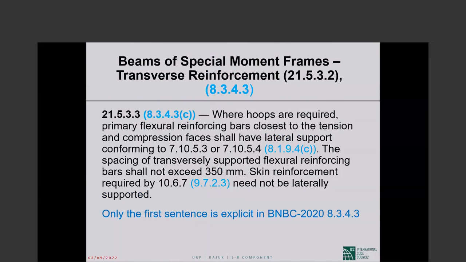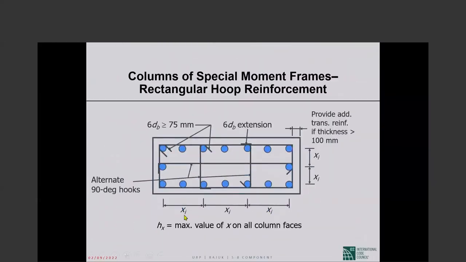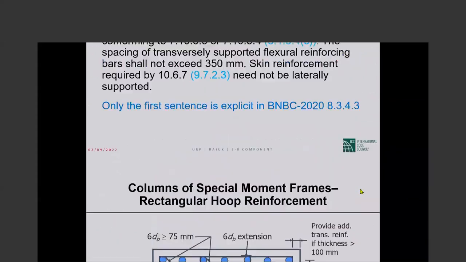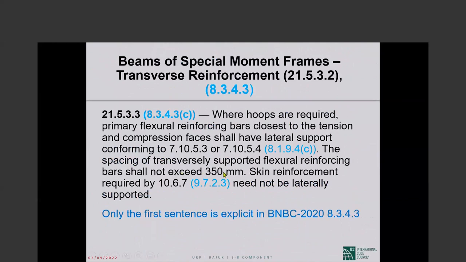The spacing of transversely supported flexural reinforcing bars shall not exceed 350 millimeters. This is not in chapter 7. So the spacing between any two supported bars shall not exceed 14 inches. That is being said specifically here. Skin reinforcement is not subject to the lateral support requirement.